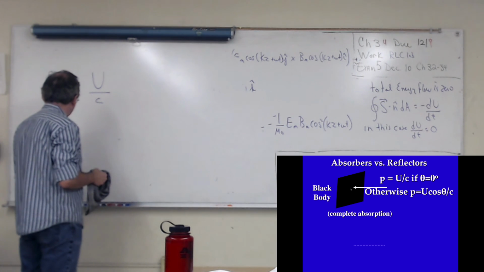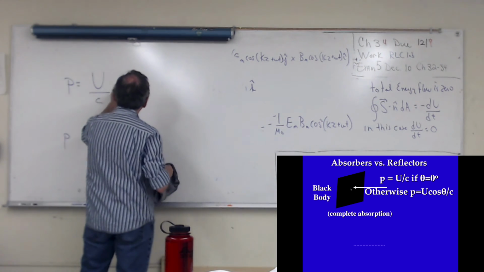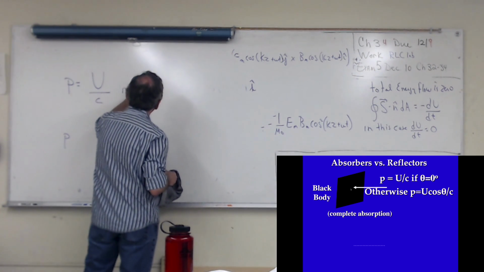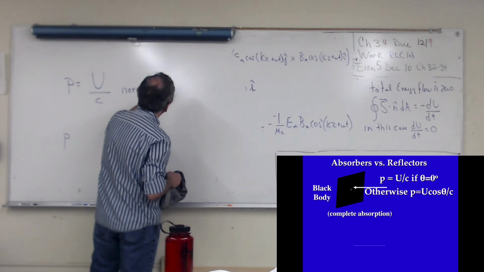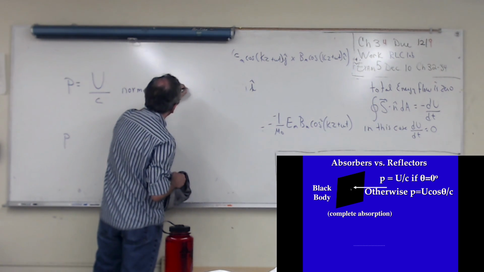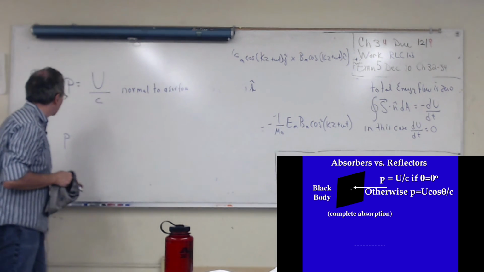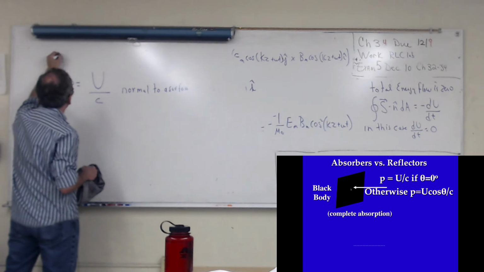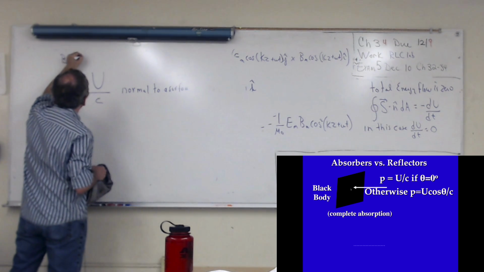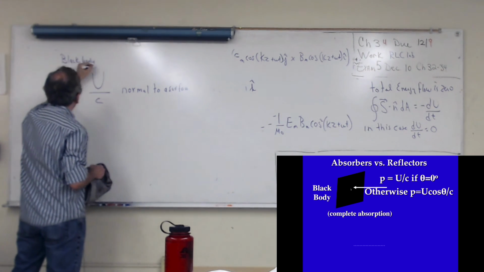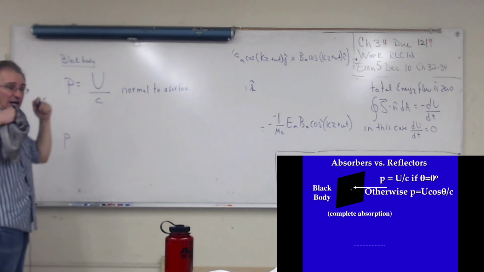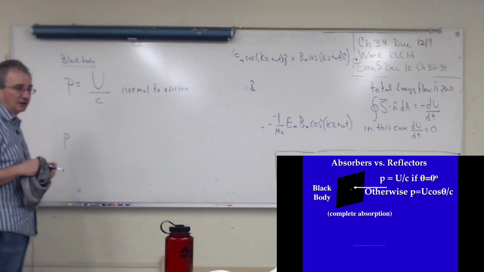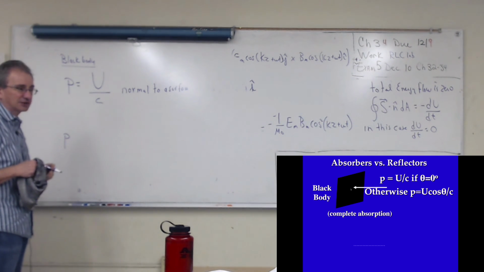This is when light hits normal to a surface, which is usually what you do in problems. This is a black body. A black body is something that absorbs any kind of light, radiation.